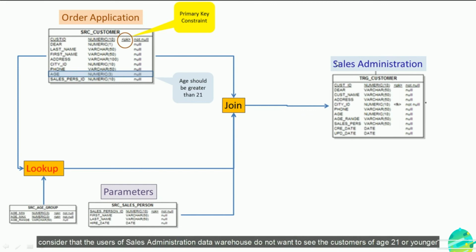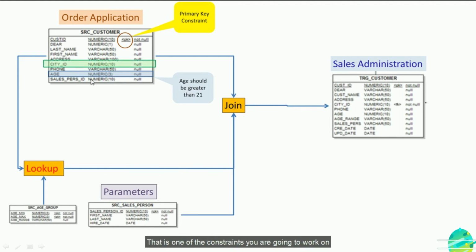Consider that the users of the sales administration data warehouse do not want to see customers of age 21 or younger. That means the data of any customer less than 21 years of age should not be brought into the TRG_CUSTOMER table. That is one of the constraints you are going to work on.